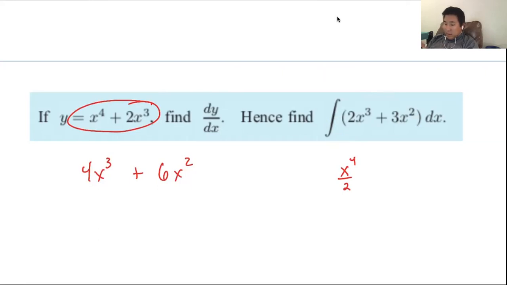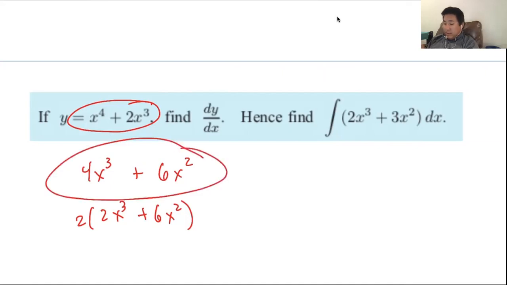No, sorry. This is 2 times 2x cubed plus 6x squared. So I think the integral is going to be, so if you took the integral of this, you'd get that. But that's not what we have.